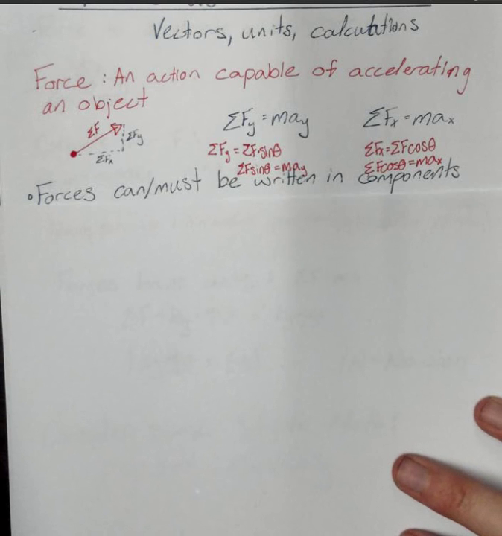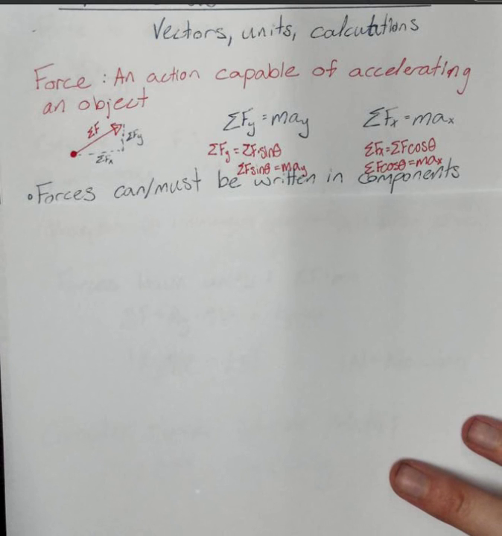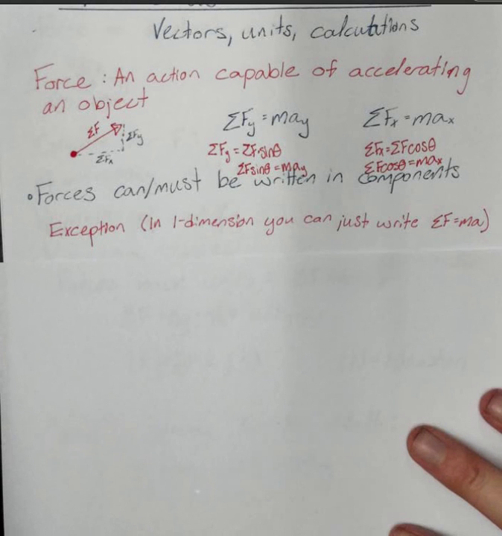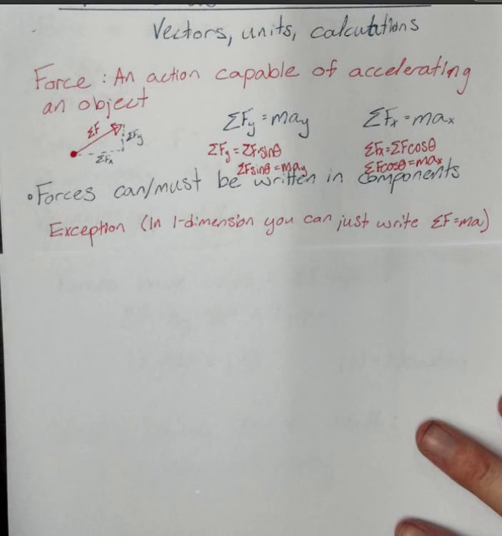Forces can be written into components. Therefore, anytime you're solving a problem in more than one dimension, forces must be written into components. There is one exception to this, which means that if you're looking at one-dimensional motion, you don't have to break that one-dimensional motion into components.